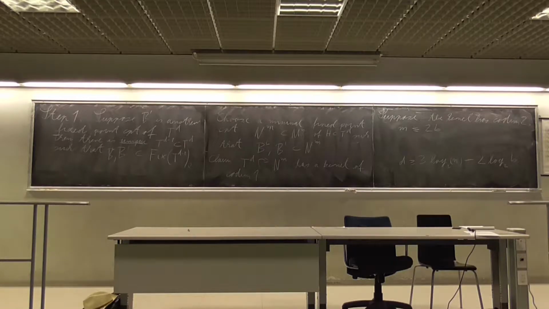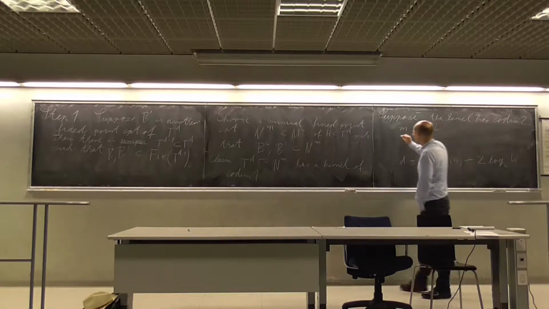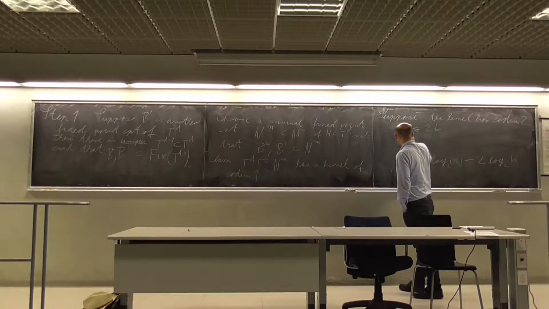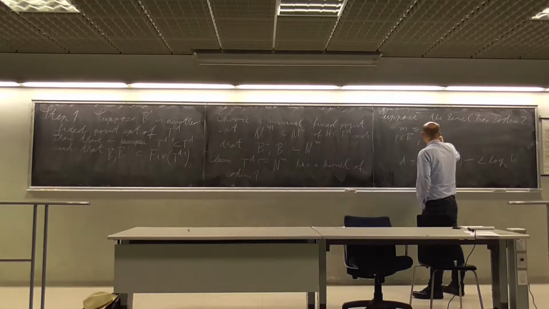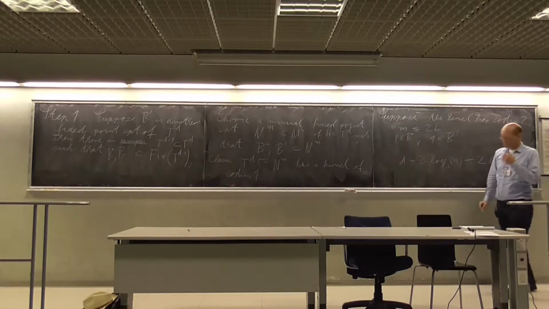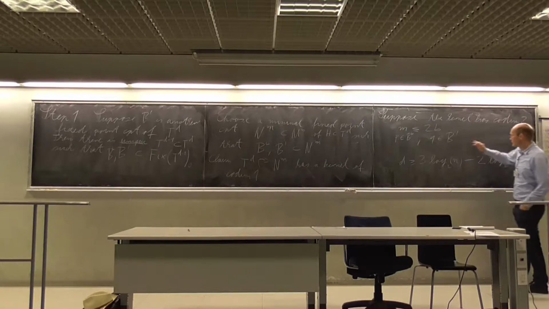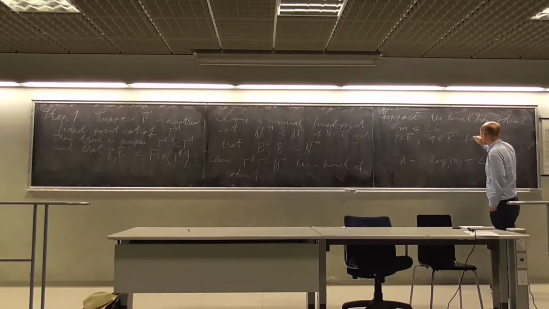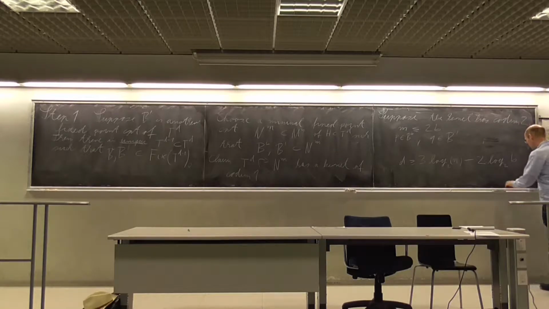All right, so now I take 2 points, 1 point in B and 1 point in the other component. And these are fixed points, actually by definition they are fixed points of my torus.